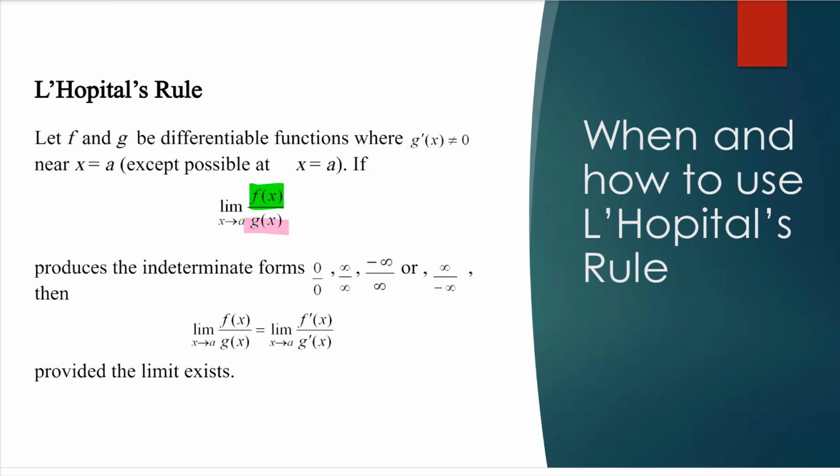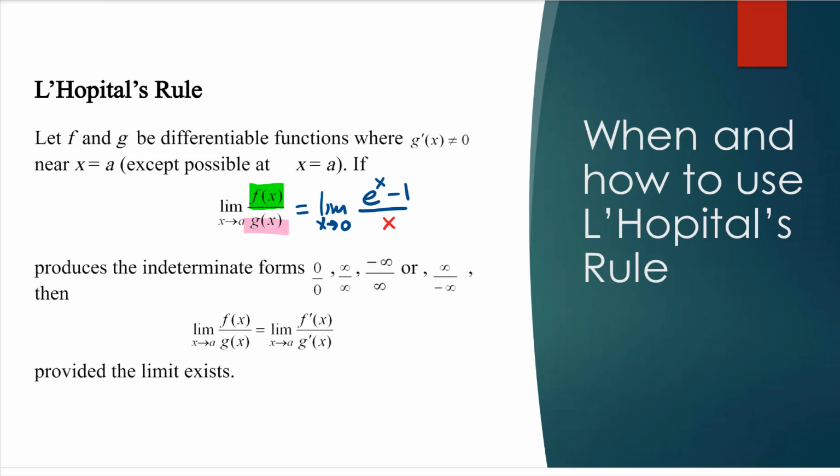What I showed you back there was the limit as x went to 0, and our function up top was e to the x minus 1, and our function down below was just x. So that's the example. That's what it's talking about with these crazy notations.